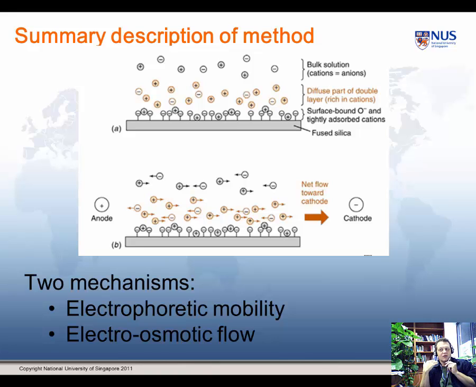So from the wall of the capillary you have this double layer Helmholtz effect, where you have a layer of negative charge with a layer of positive charge, and then the positive charge slowly falls off as you enter into the bulk solution. Okay, so that's the system we're starting with.